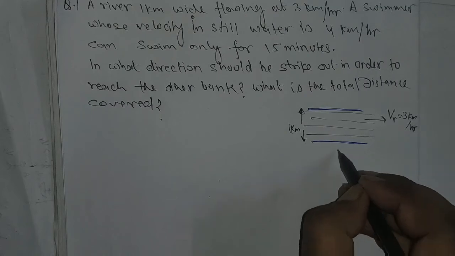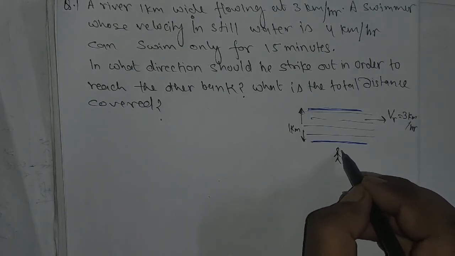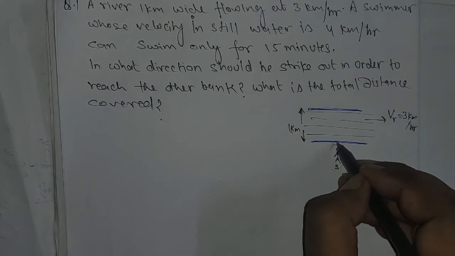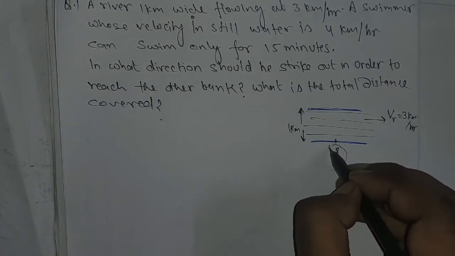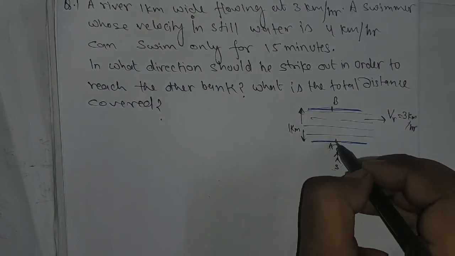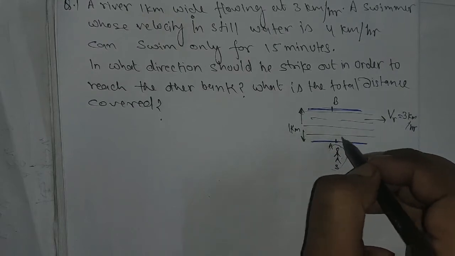And now student, one person is here. This is the swimmer, S, who wants to cross this river. His speed in still water. Suppose this is the point A and this is the point B just opposite to point A, means just in front of point A, B is there.